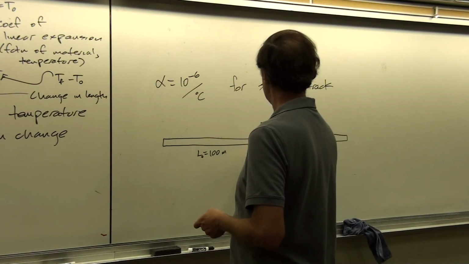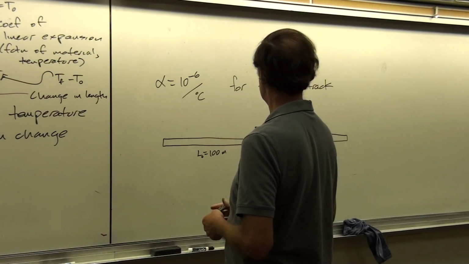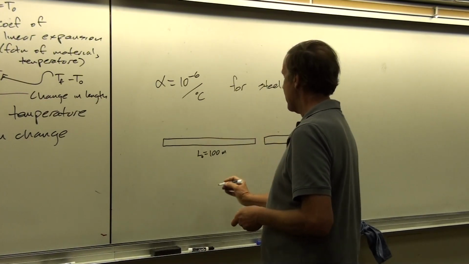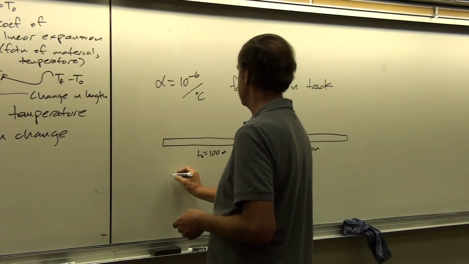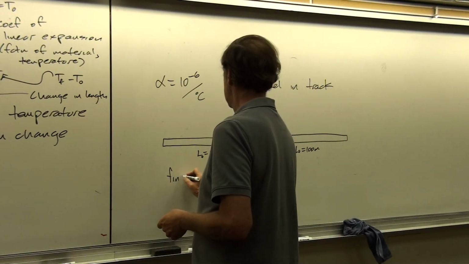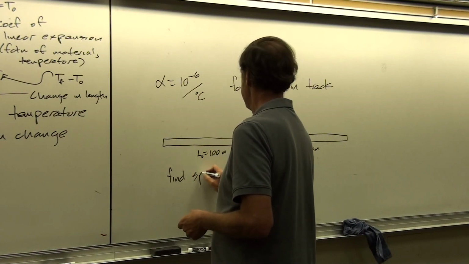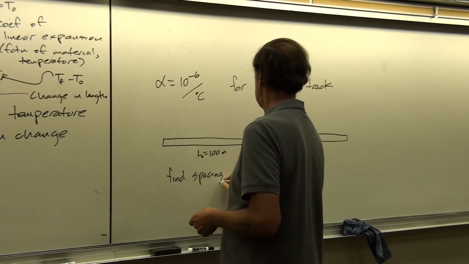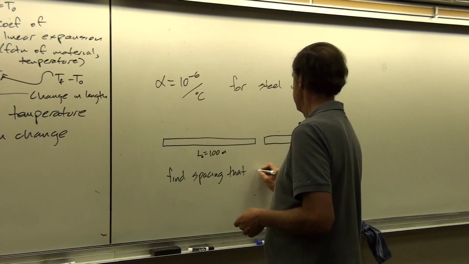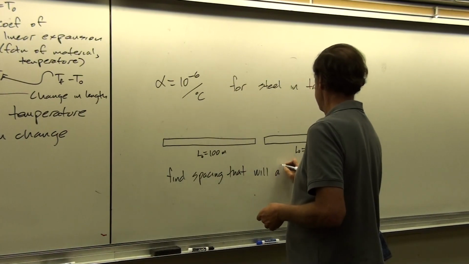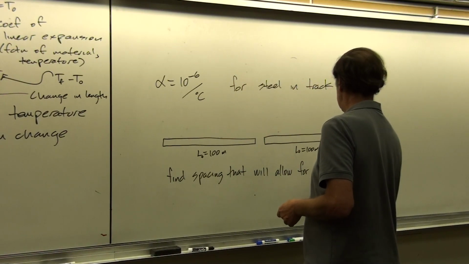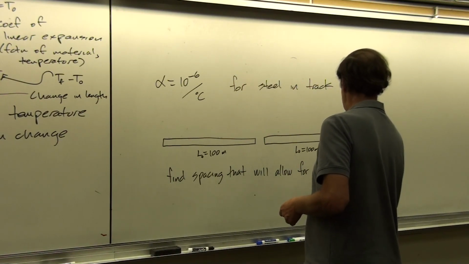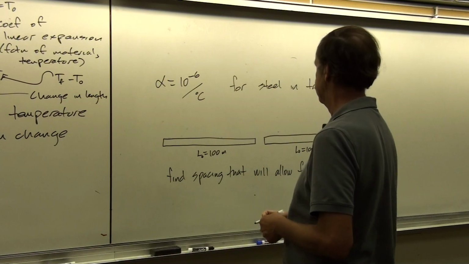Let's find the spacing between the track that will allow for a temperature change of 40 degrees centigrade.